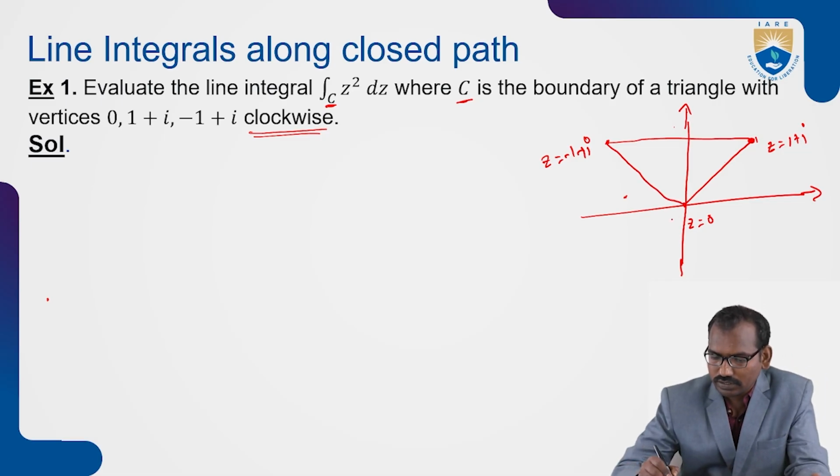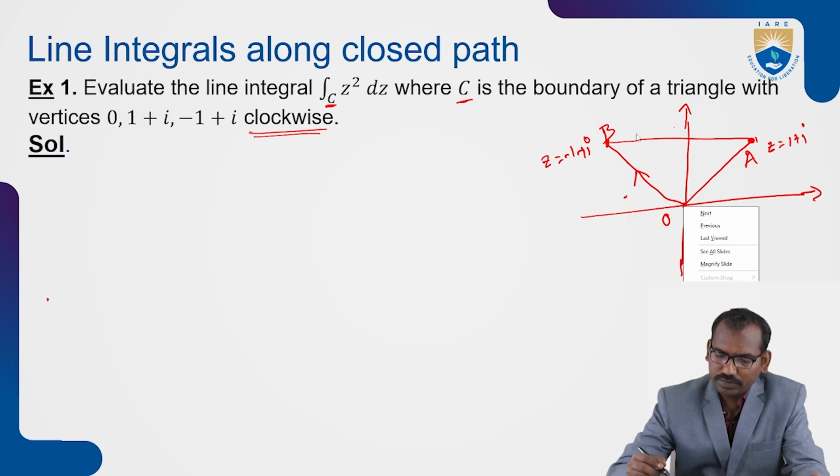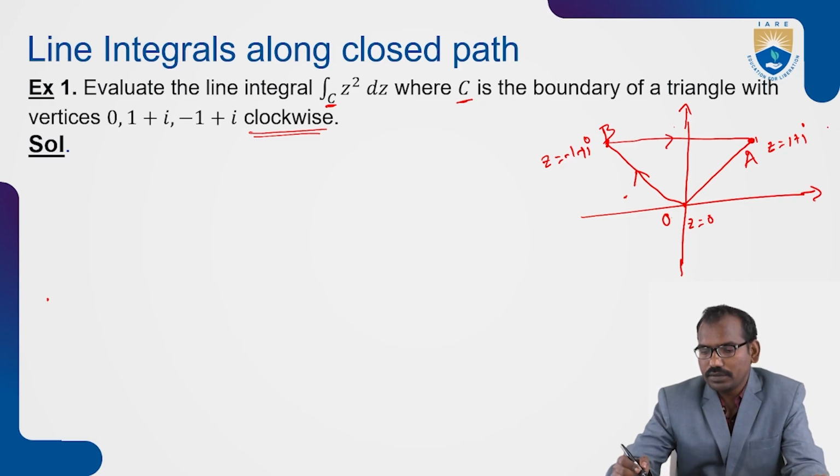I am taking this point as O, this point as A, and this point as B. We need to perform integration in the clockwise direction. That's why I start at O and move to B, then come from B to A, then A to O.